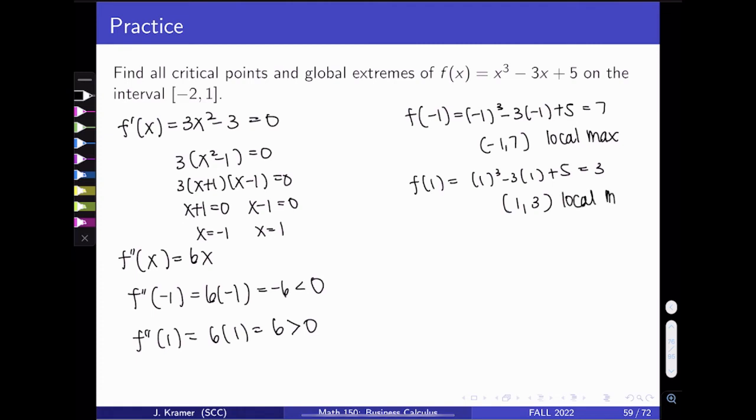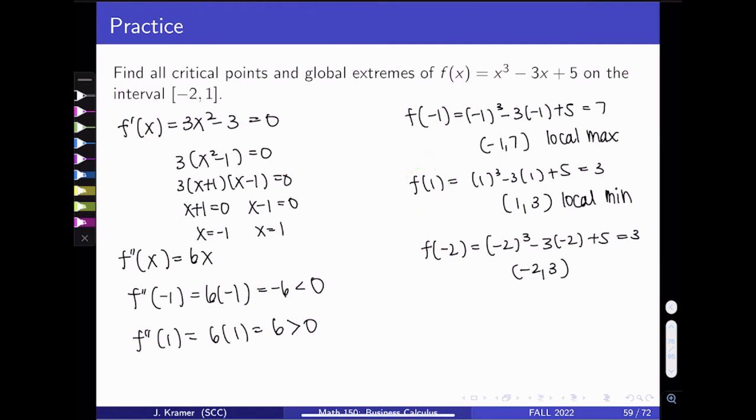Now, to determine if these or the endpoints of our given interval are local or global extrema, we'll compare by evaluating the endpoints of the function as well. What we can see is that at our endpoint 1, a local minimum occurred, and so it's an endpoint and a local minimum, so it's a global minimum.